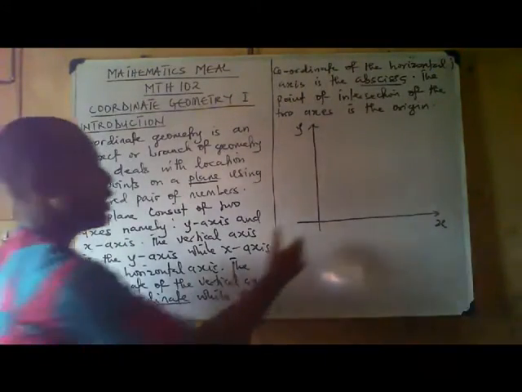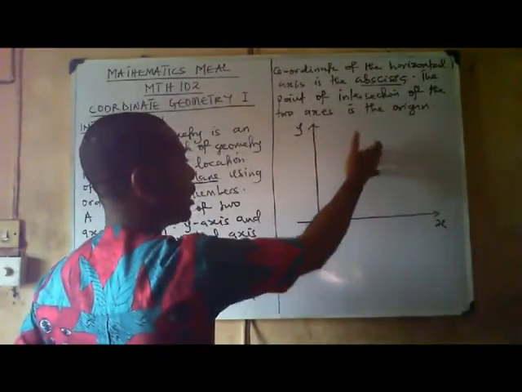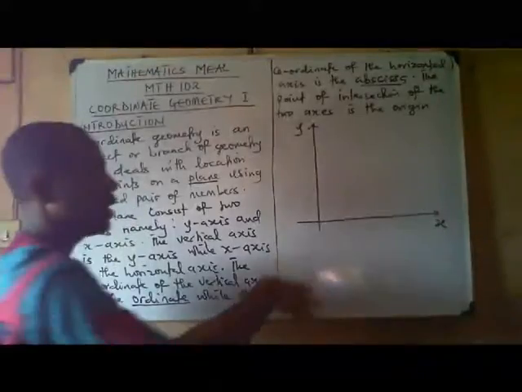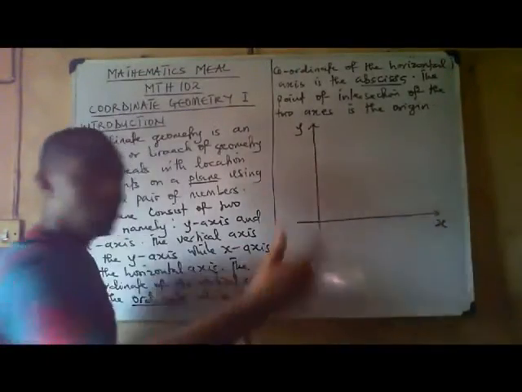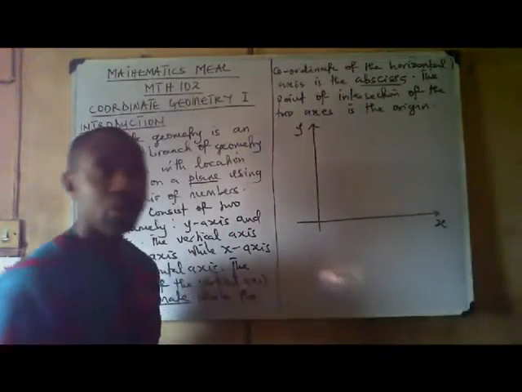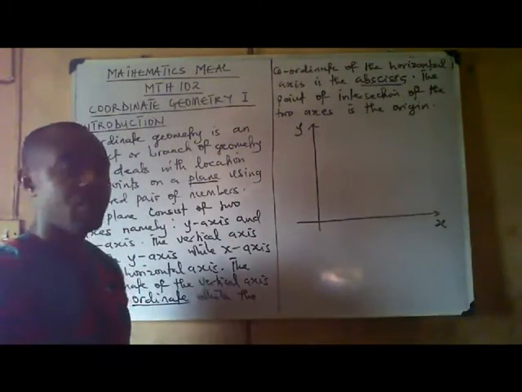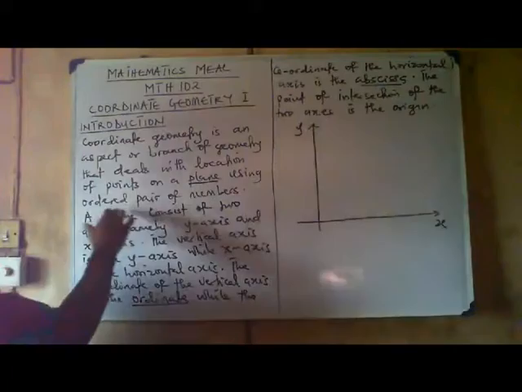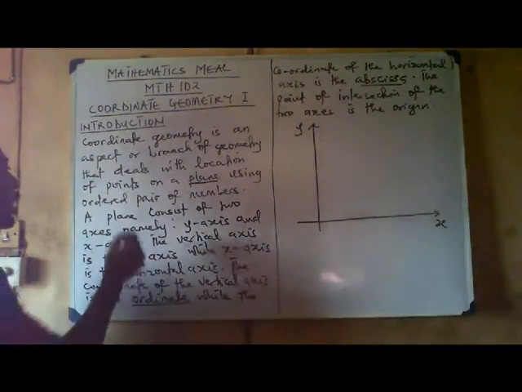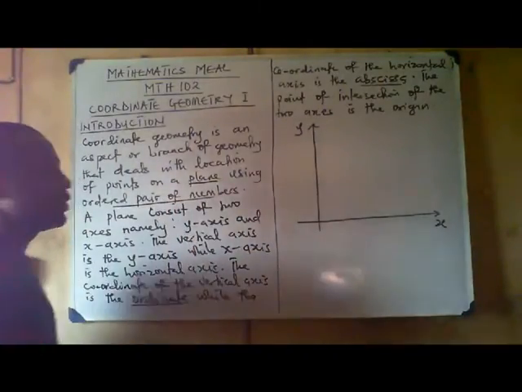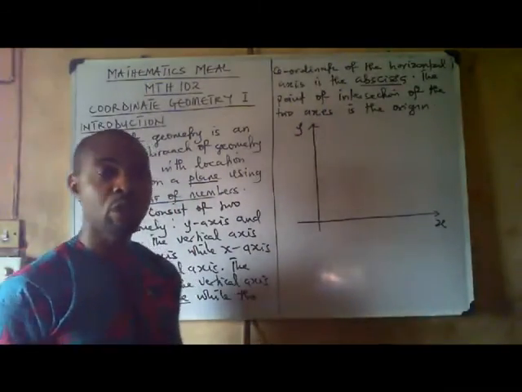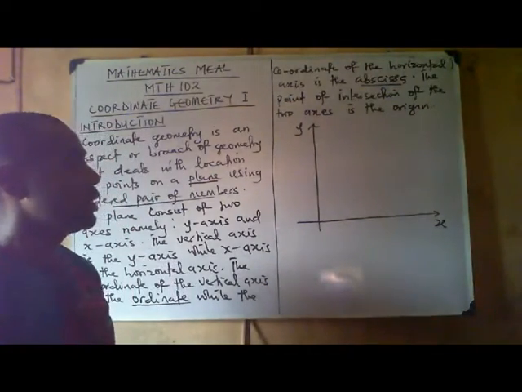So if we want to locate a point anywhere on this plane, we need the value of x and we also need the value of what? Y. So if we return to our definition, location of points on a plane uses an ordered pair of numbers. So there will be a value of x and a corresponding value of y in order to locate a point.